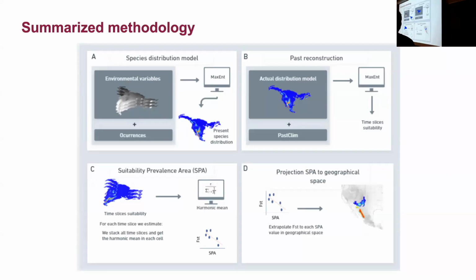So this is the methodology we use. We fit a niche for the zero time slice and we project to the past in these time slices. Then we gather the information with this suitability prevalence area. And then we fit the models, because we have a number of populations.